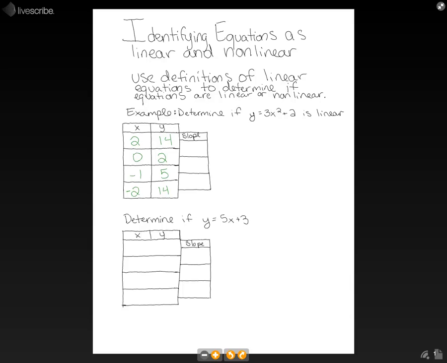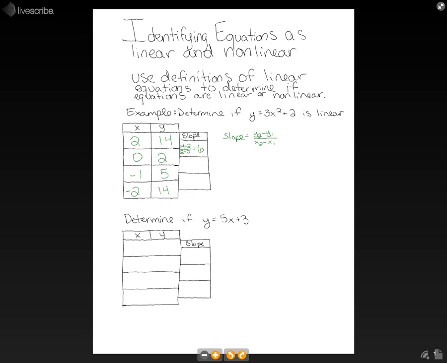So now let's go ahead and calculate our slope. And the slope, you remember, equals y2 minus y1 divided by x2 minus x1. So if we do that, we'll have 14 minus 2 divided by 2 minus 0, and that will give us a 6 for our slope.